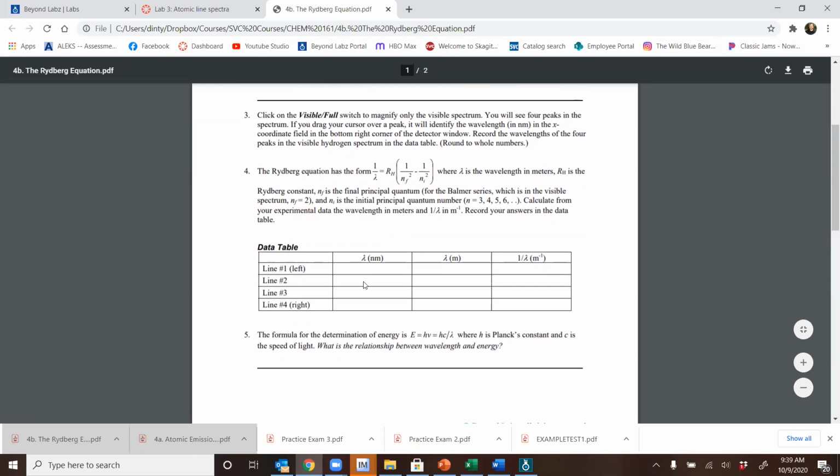You're going to write down wavelengths in nanometers for the 4 lines that you see, convert those to meters, and then convert those into 1 over wavelengths in meters. So 1 over wavelengths in meters is what you see on the left-hand side of this equation, which is why you're converting into inverse wavelengths over there in the right-hand column.